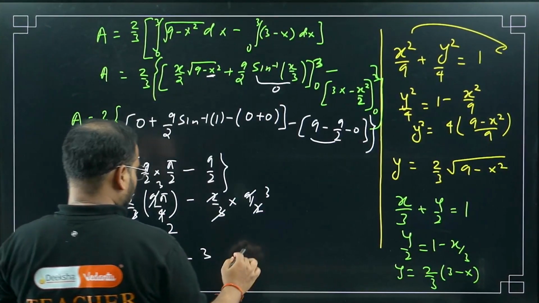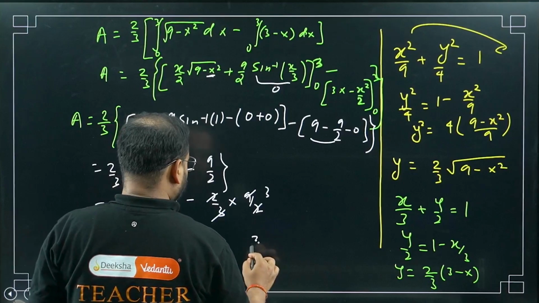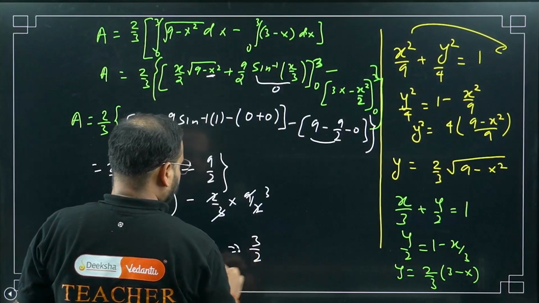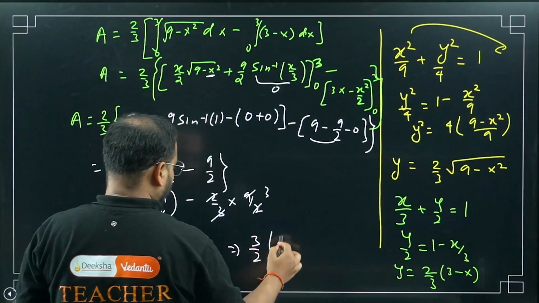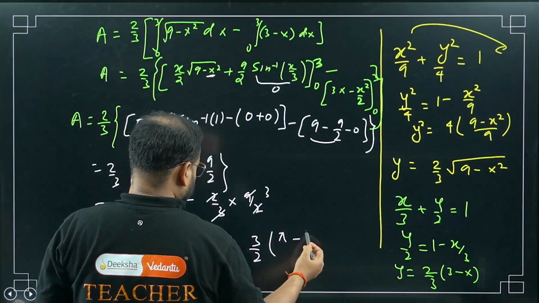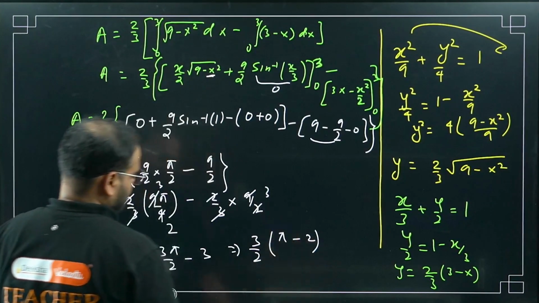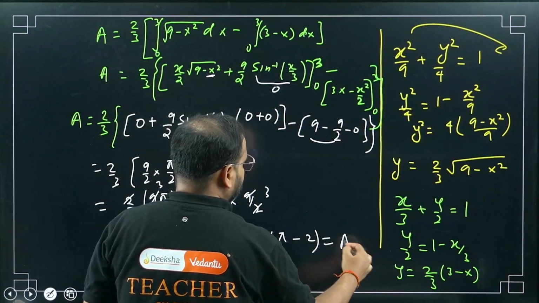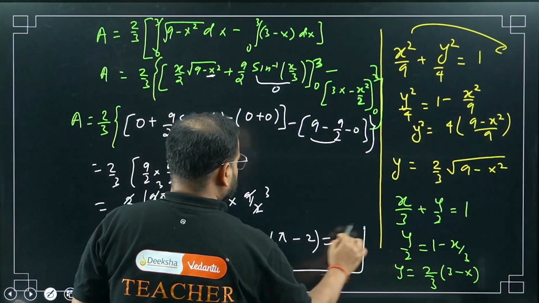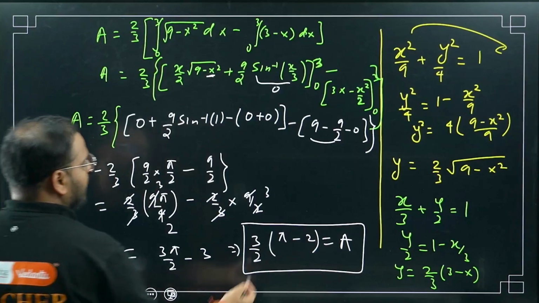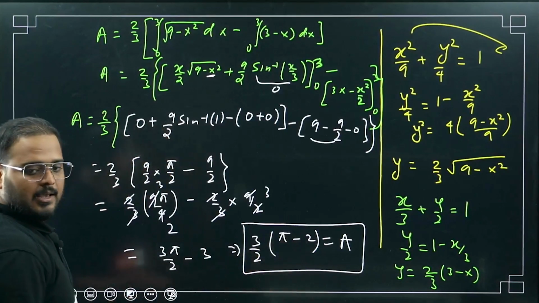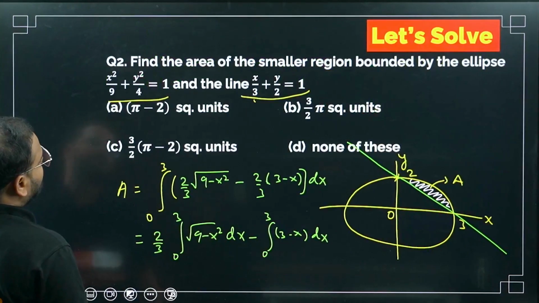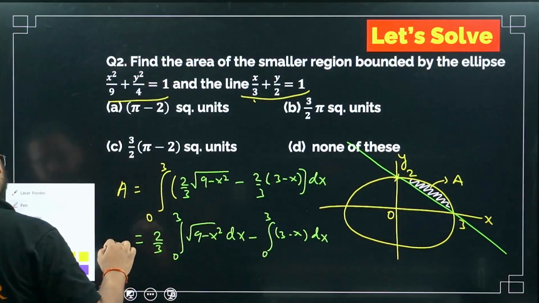Take 3 by 2 common, and what are you gonna get? 3 by 2 times pi minus 2. This is my area, the required answer. 3 by 2 times pi minus 2.